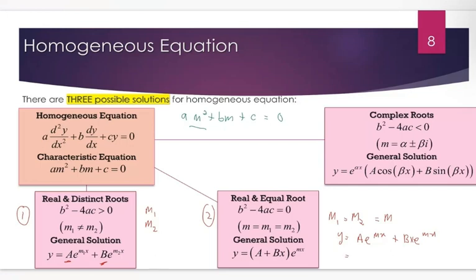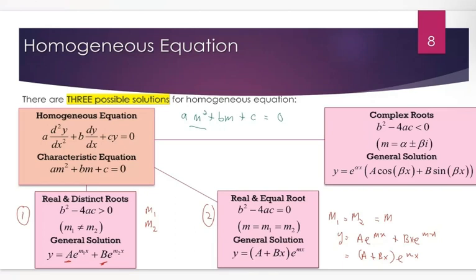And then we can factor exponent mx, so now you will have a plus bx times exponent mx. So this is the case of real and equal roots, where we have the quadratic equation b squared minus 4ac equal to 0.